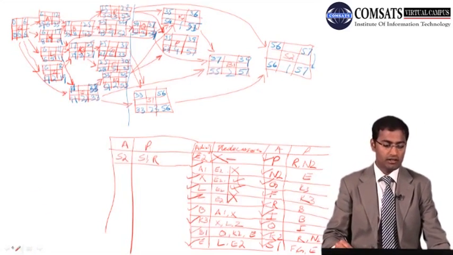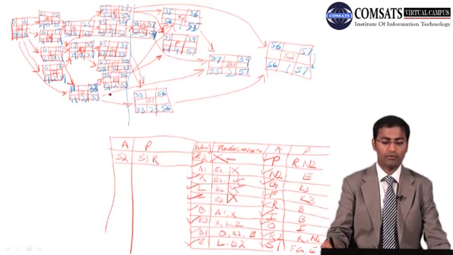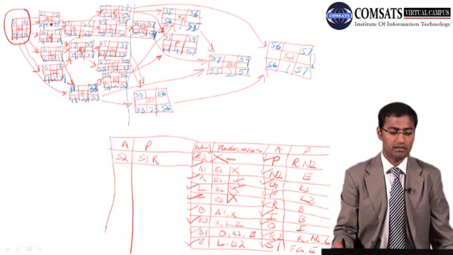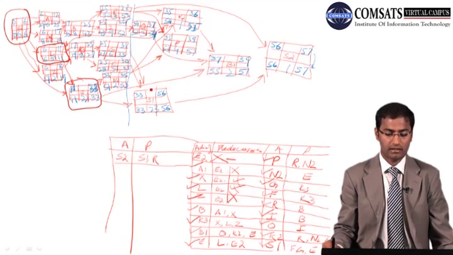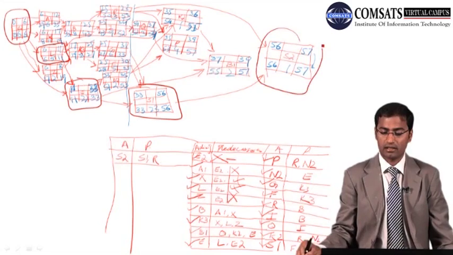Okay, so in this fashion we have identified our activities on the critical path. This is the critical path activity, and this is the critical path activity, and then this is the critical path activity, and this is the critical path.